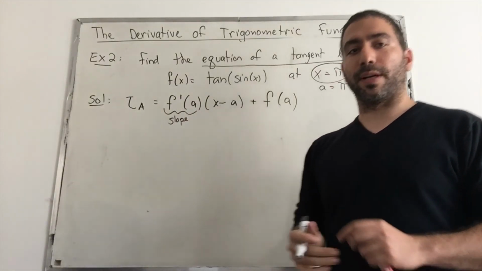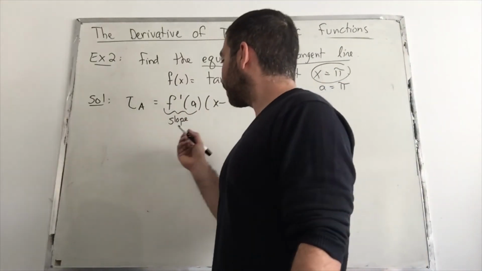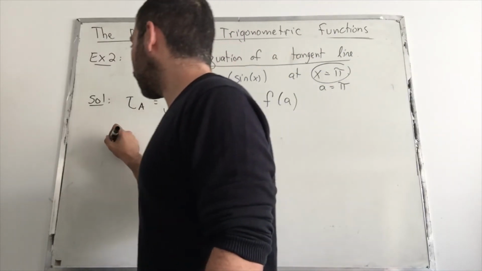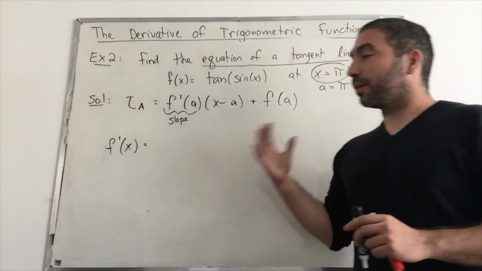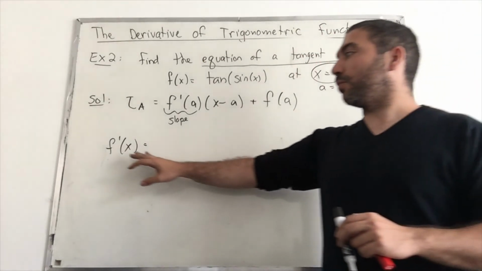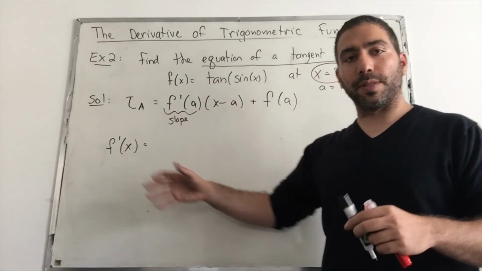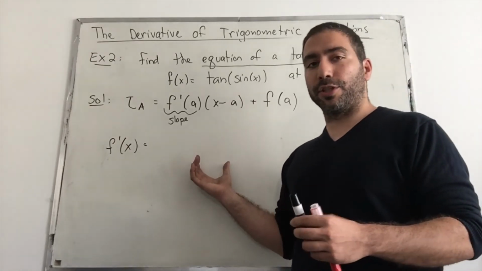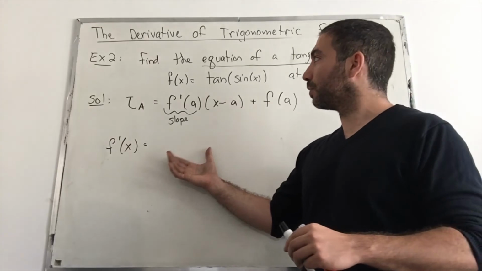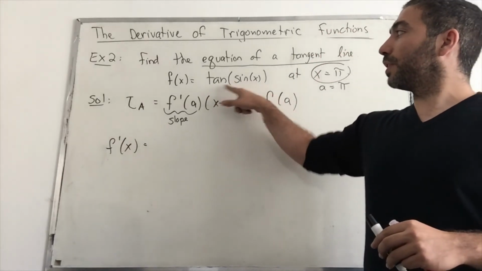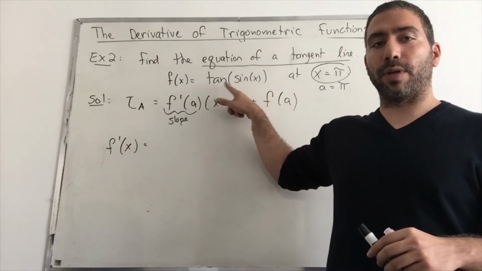So let's begin by finding f prime. Earlier in the semester we saw that we had to use the limit definition of a derivative, but now at this stage we don't have to because we know product rule, quotient rule, and chain rule. So we can solve this using chain rule, because in this case we have a composition of functions.